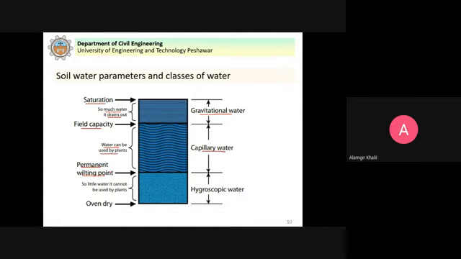This is what we mean by permanent wilting point. The little water left, which cannot be used by plants, is known as hygroscopic water. And below this we have the oven dry, as you have studied in geotechnical engineering, so there is no water in the pores of the soil.